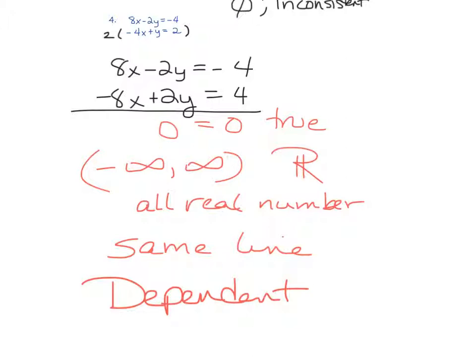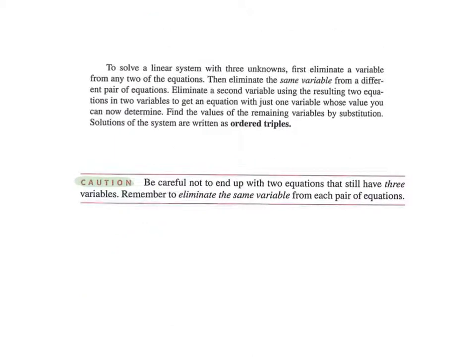Now what we're going to see are some examples of solving equations with 3 unknowns. So when we solve these, our solutions, instead of ordered pairs, are going to be called ordered triples. When we go to write our answers, we're going to put them in ABC order.